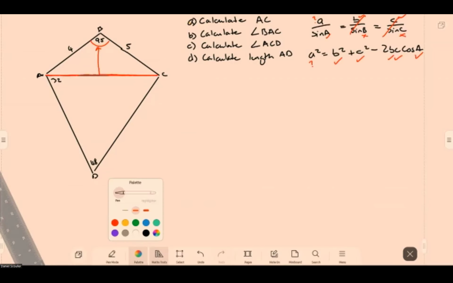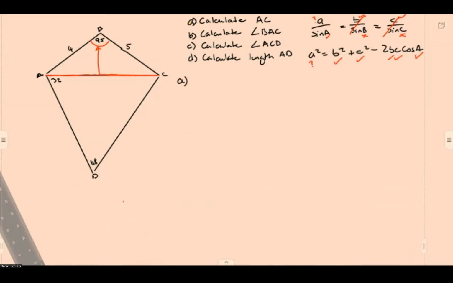So for part A, calculate AC, we're going to use the cos rule, B squared plus C squared minus 2BC cos A. Start putting in your letters: 4 squared plus 5 squared, it doesn't matter which way round they go, minus 2 times 4 times 5 times cos of the angle, which is 95 degrees. A is going to be root of, sticking that in your calculator, 4 squared plus 5 squared minus 2 times 4 times 5 cos 95.